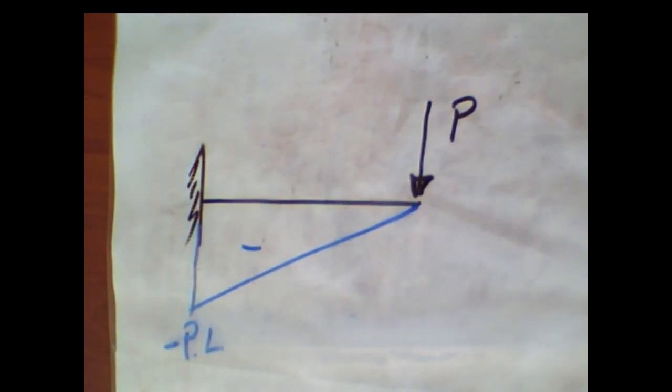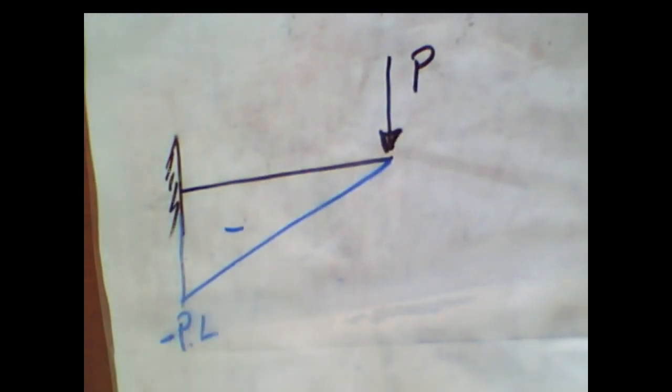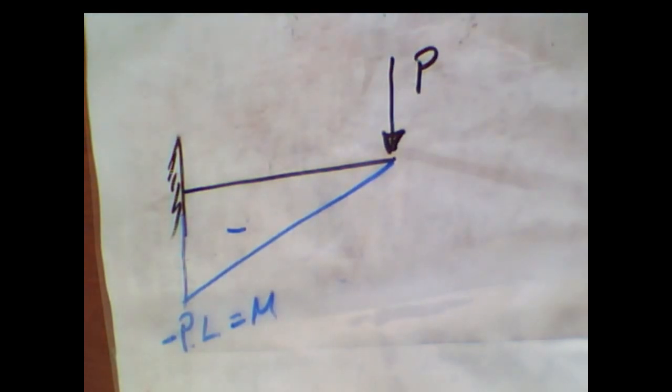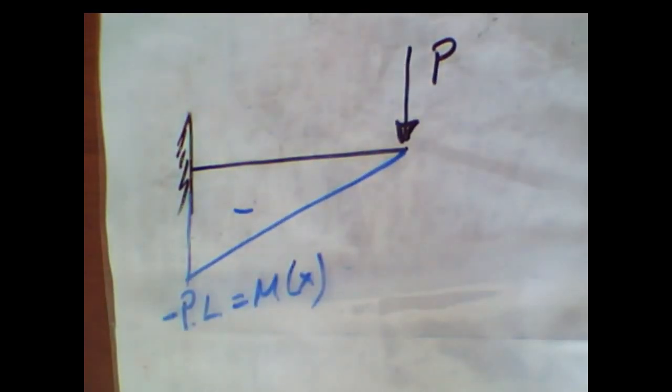Definitely I can say. So now I have passed to the moment area method, so this is the moment diagram, M of x. So they are wanting the slope change.